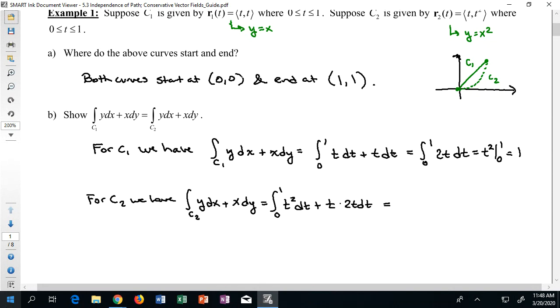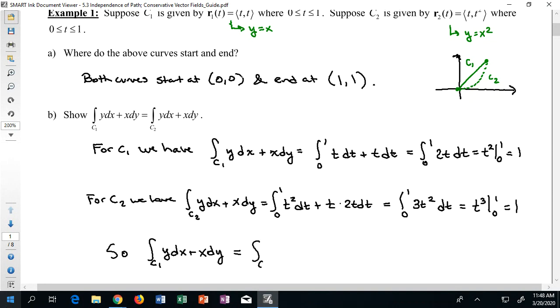If I simplify this all the way down, I have an integral from 0 to 1 of, it looks like, a 3t squared total. This ultimately turns into a t cubed, evaluated from 0 to 1, and I get 1. So I can definitely confirm that these two things here are equal.